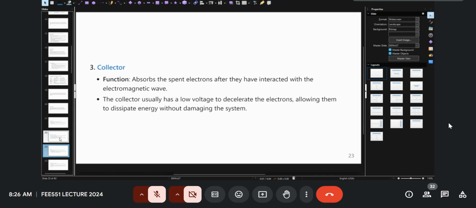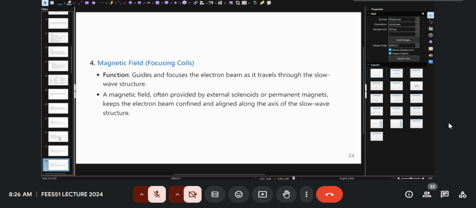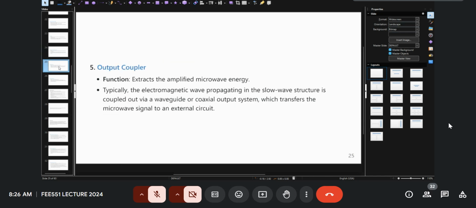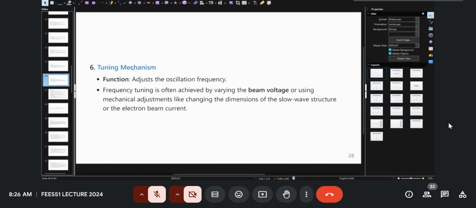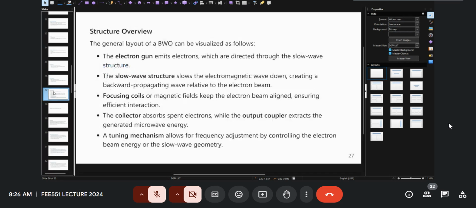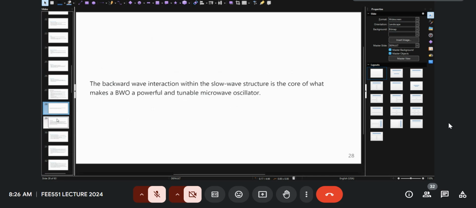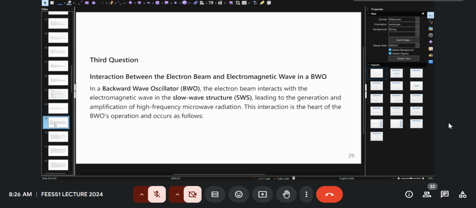Those are the three components. Am I missing one? Yes, the focusing coils also form part of the BWO, as well as the output coupler and the tuning mechanism. Those are some of the parts that make up the BWO.